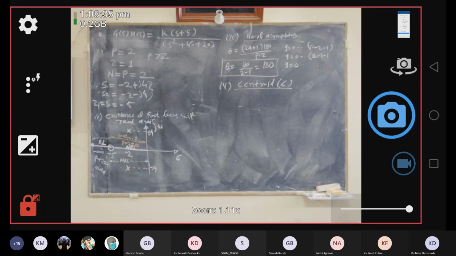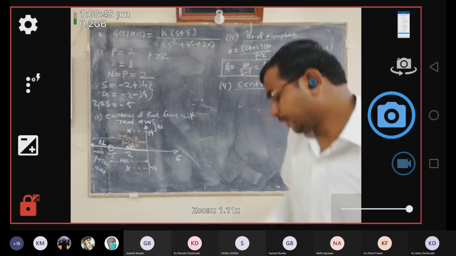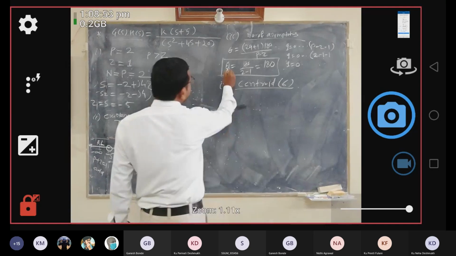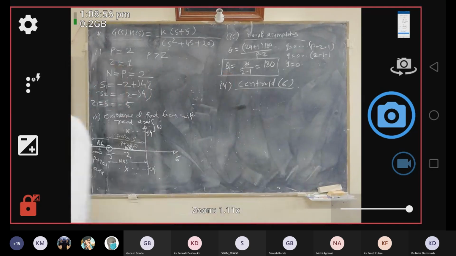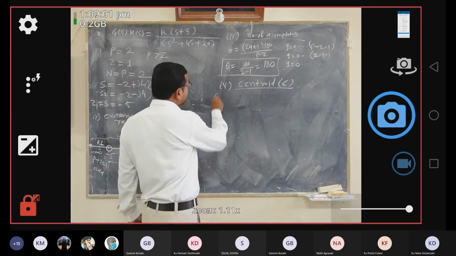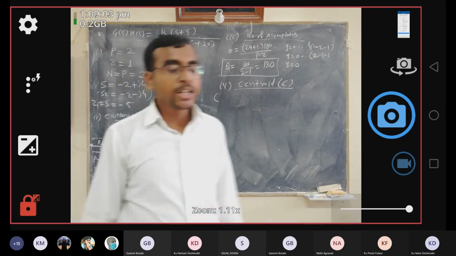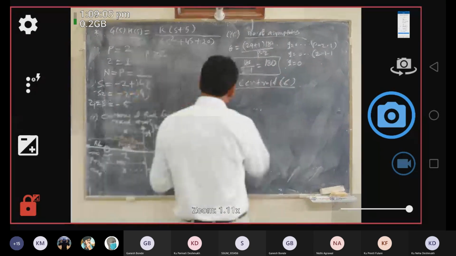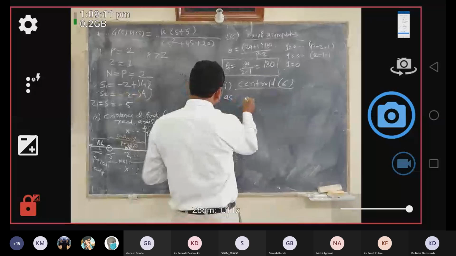What is the value of sigma? So this is a unique problem. Here, as only one asymptote will be there, when there is the existence of only one asymptote, at that time you can directly write down the note. There is no need of the centroid point. So please remember this.